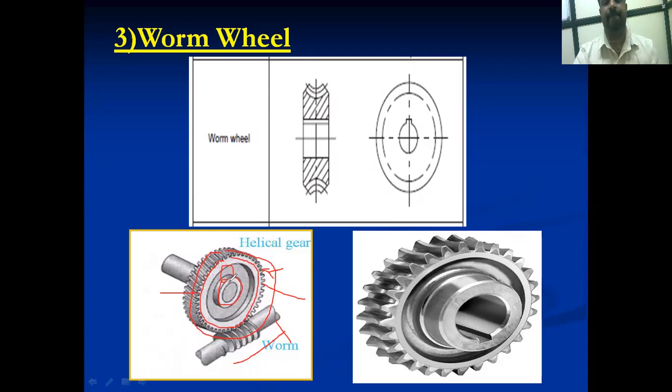Okay, understood? This is only for the worm wheel. We are not drawing the worm here; we are drawing the conventional representation for only the worm wheel.